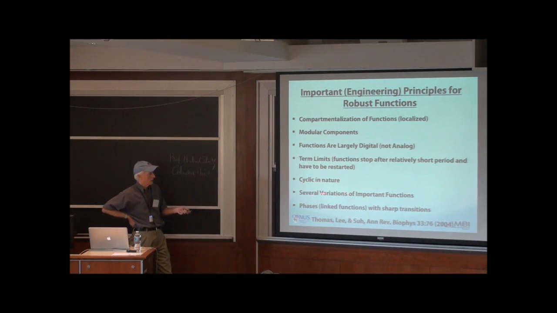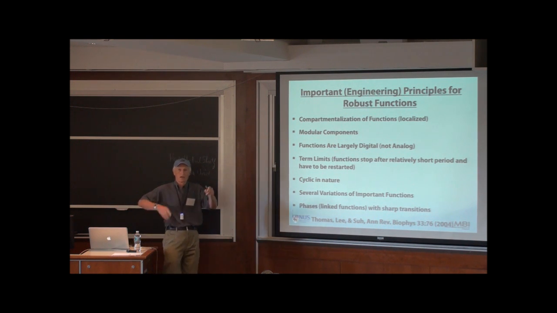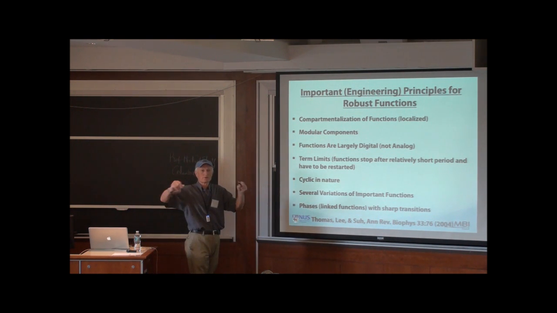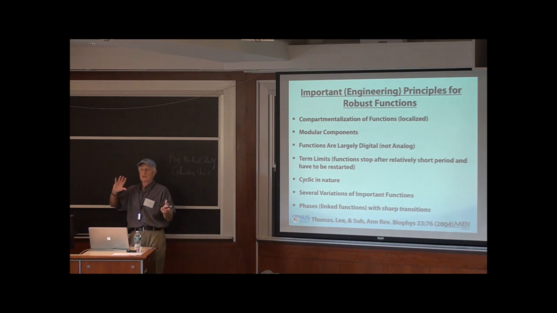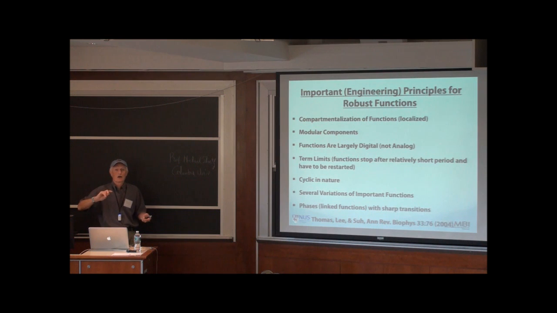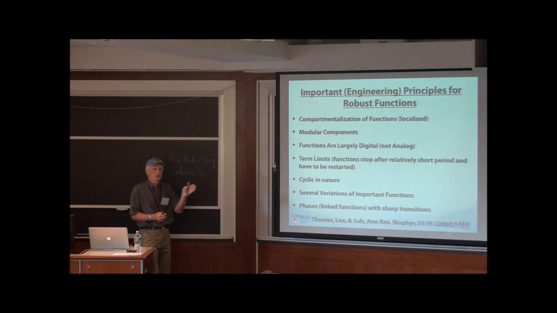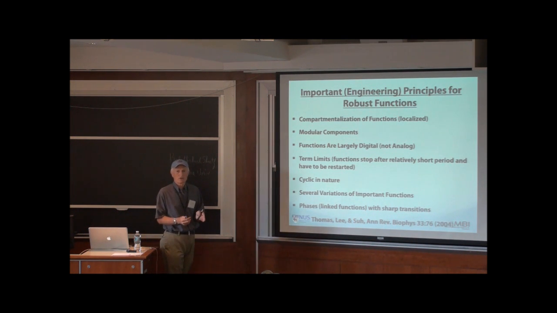And finally, there are often phases or linked functions with sharp transitions. We'll see some of those today in the cell spreading onto the surface, and totally different protein activities and protein processes are active in one phase versus another, and the transitions from one phase to another occur within seconds.